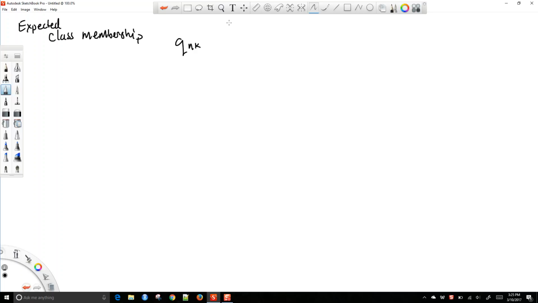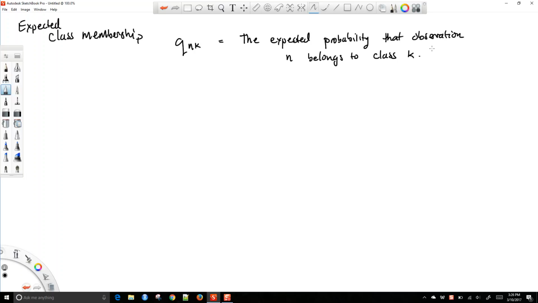All right. This is equal to the probability, kind of the expected probability that observation n belongs to class K, right?